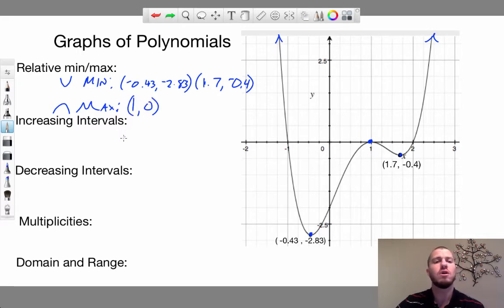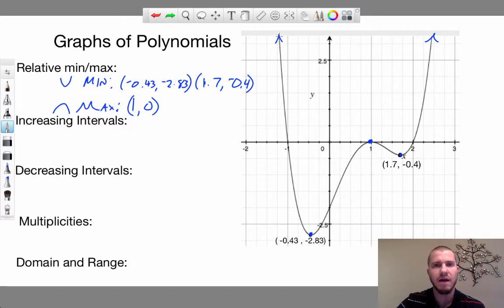We're also going to learn about the increasing and decreasing intervals. And you're talking about from left to right, where is the graph increasing or decreasing? So those are referring to the y values. Where are the y values getting larger? Where are the y values getting smaller? You're going to describe that using the x values, okay?